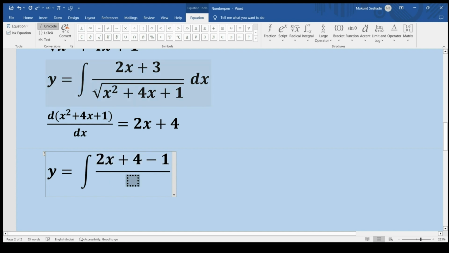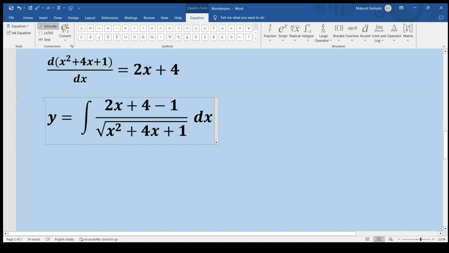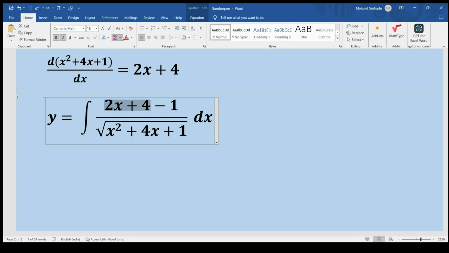And then I have my denominator as it is, right? So now I see that I can decompose this further, but while doing the decomposition, it's very important that I group them correctly. So I combine 2x plus 4 and then I treat the minus 1 separately, right? So let me highlight that in a different color.